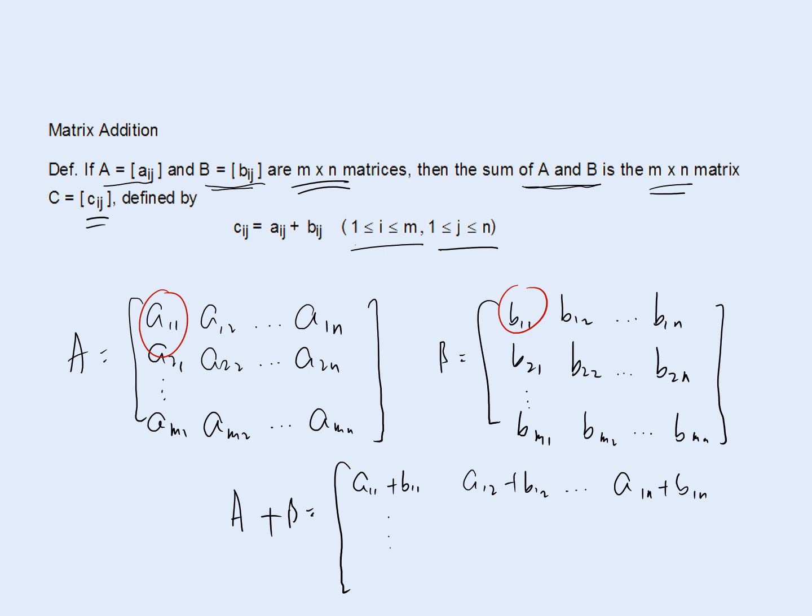We do that for all elements of A and B down to the last row, Am1 plus Bm1, Am2 plus Bm2, up to Amn plus Bmn. So we just add the elements correspondingly.